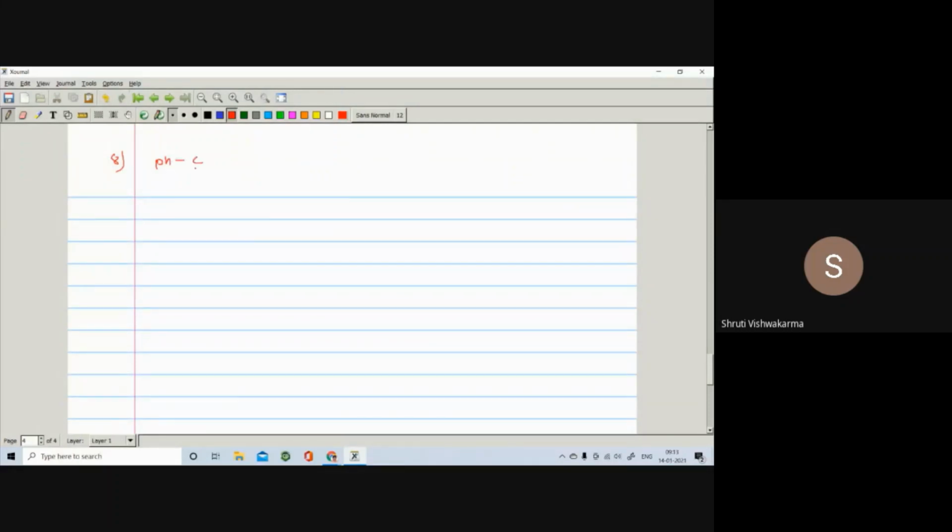There is only one example of benzoin condensation reaction. It is a name reaction, C double bond O, and here is the Ph. Ph means benzene. It is called a benzoin, and the name reaction is the benzoin condensation reaction. These are TM, target molecule.